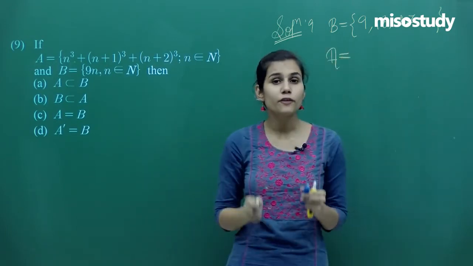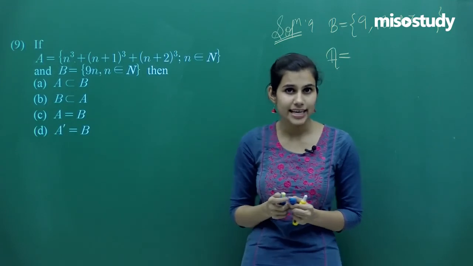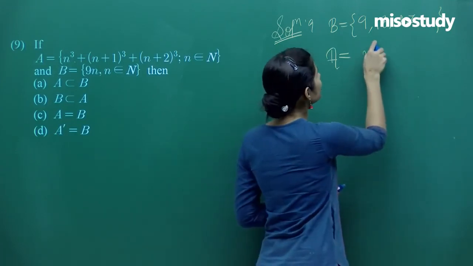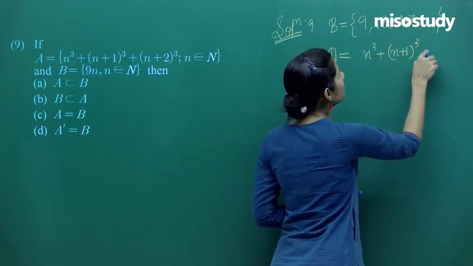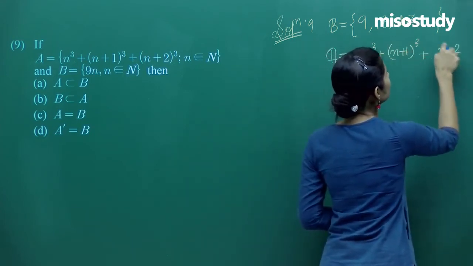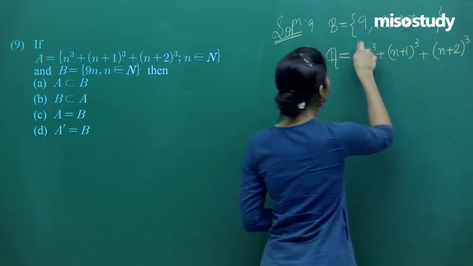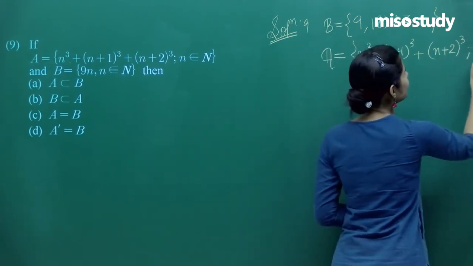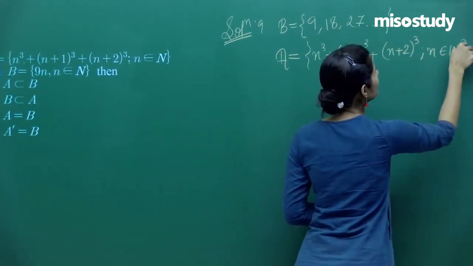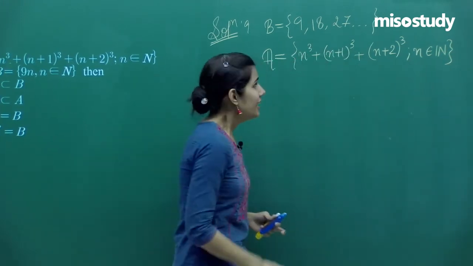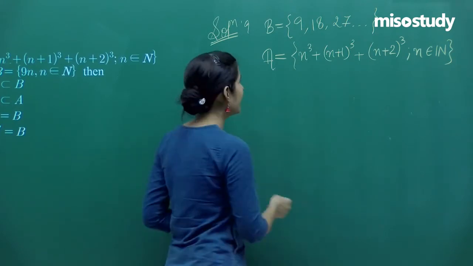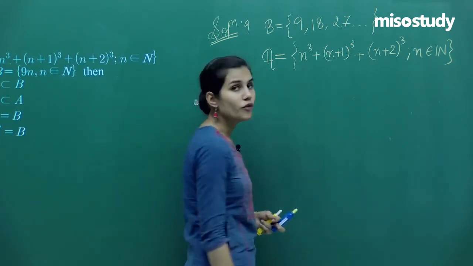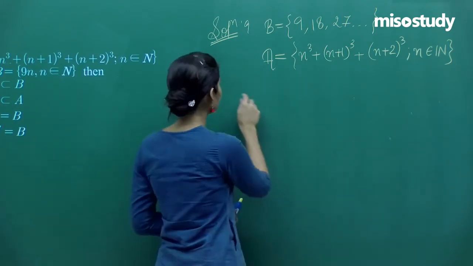We just know the format of the members in set A, which is n cube plus n plus 1 cube plus n plus 2 cube, where my n is coming from the set of naturals. In order to understand what are the elements sitting inside set A, let us try and put the value of natural numbers one by one.